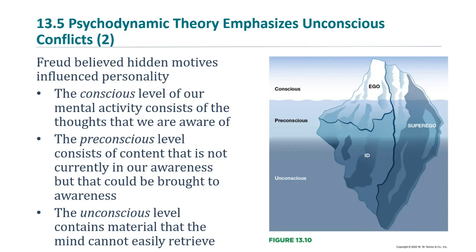If we had the right kind of cues, we could recall those particular memories. They're not in our awareness right now, but they're still accessible. The unconscious level contains material that the mind cannot easily retrieve.